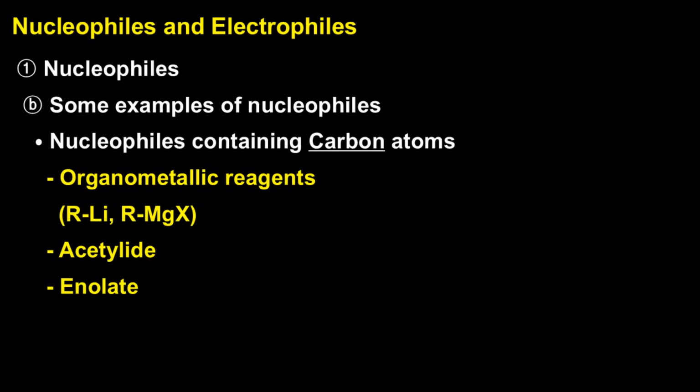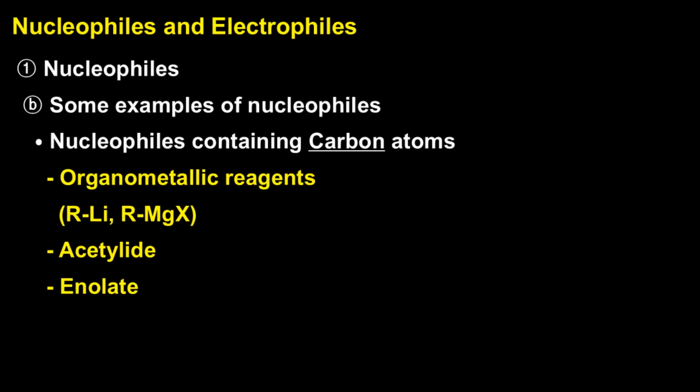Alright, now let's talk about carbon-based nucleophiles. These are super important in organic chemistry because they're the ones that help form carbon-carbon bonds. First up, we have carbanions, carbon atoms that carry a negative charge. They're highly reactive and play a central role in many carbon-carbon bond-forming reactions. A great example of carbanions in action is organolithium reagents and Grignard reagents.